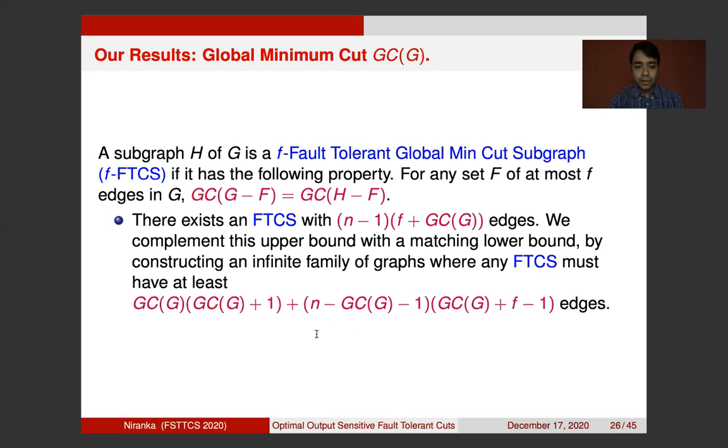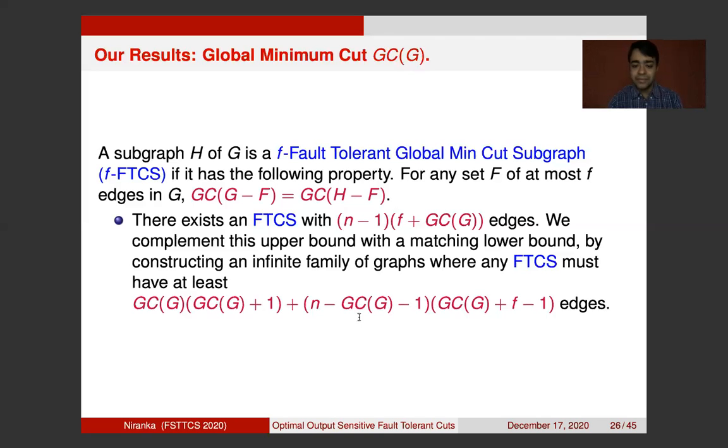Now, obviously, we see that these minus and plus values matter, because GC(G) can range from, say, 1 to n minus 1, and depending on the value of GC(G), asymptotically, n minus GC(G) minus 1 can change.